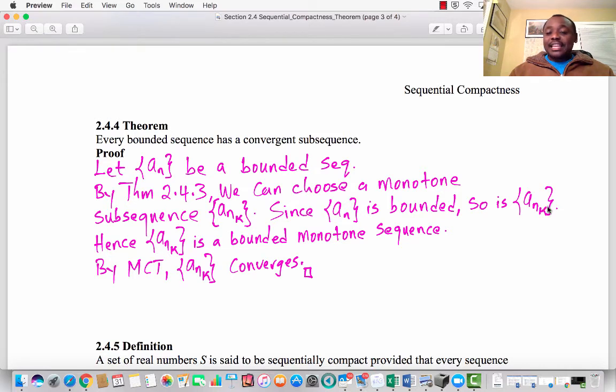So a_{n_k} is a bounded monotone sequence. And by the monotone convergence theorem, the subsequence a_{n_k} converges and we are done. So every bounded sequence has a convergent subsequence. Interesting.